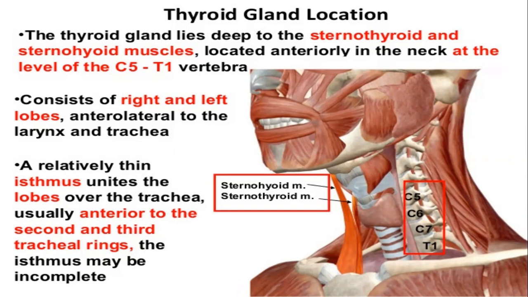So the thyroid gland is present deep to the sternocleidomastoid and sternothyroid muscles, which are present at the level of C5, C6, C7 and T1 vertebrae. That's why we mention that the thyroid gland lies against the C5, C6, C7 and T1 vertebrae.